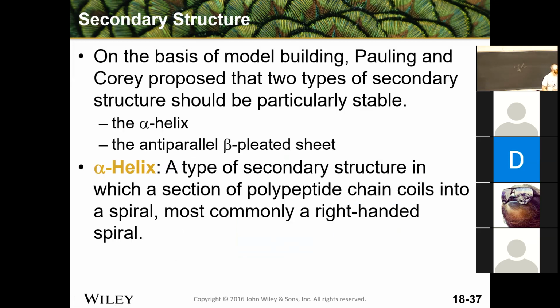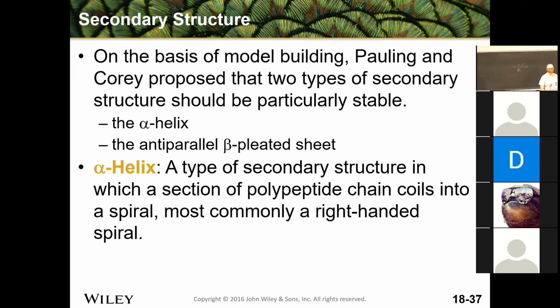On the basis of model building, Pauling and Corey proposed that 2 types of secondary structure should be particularly stable. These are the alpha helix and the anti-parallel beta pleated sheet. The alpha helix is a type of secondary structure in which a section of a polypeptide chain coils into a spiral.